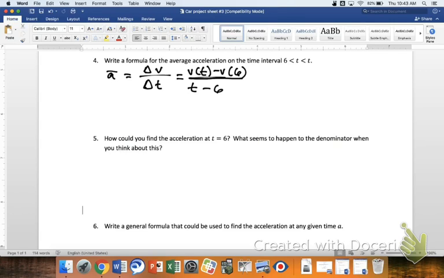Okay, so in terms of the graph, think about the graph. This average acceleration, let's go back and think about this. This formula is really expressing what aspect of the graph? Slope. We kind of answered this already.